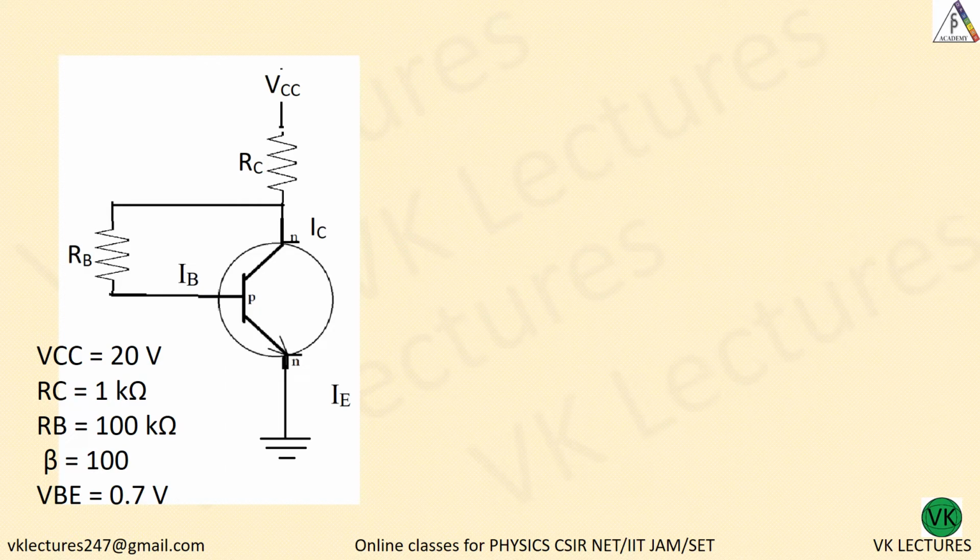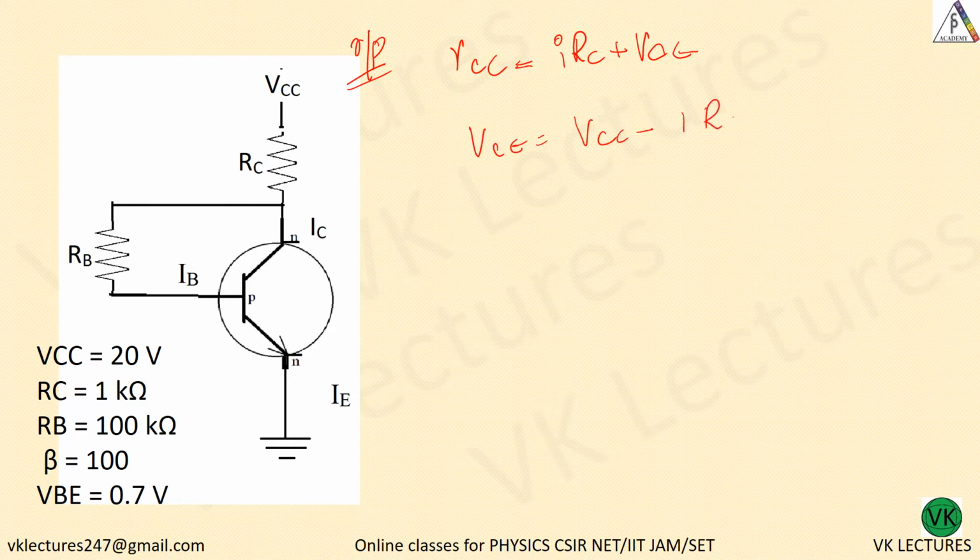To the output side, VCC equal to I into RC plus VCE. There is no drop across resistance. So what is VCE? VCC minus I into RC. Right. Now what is VCC?